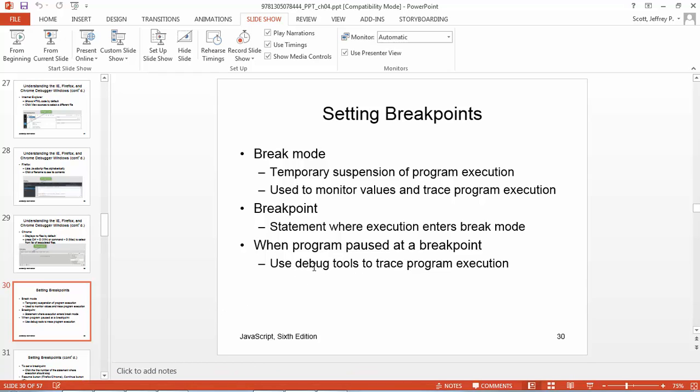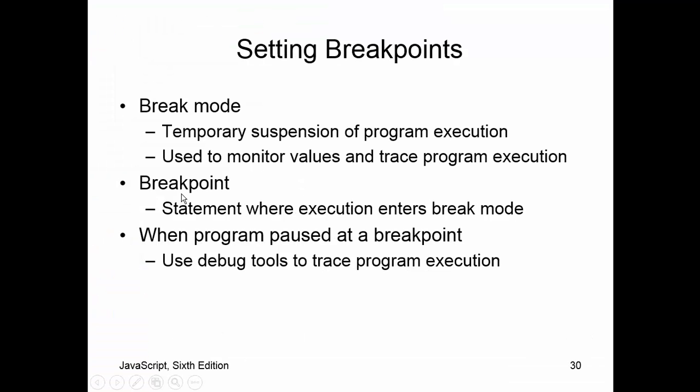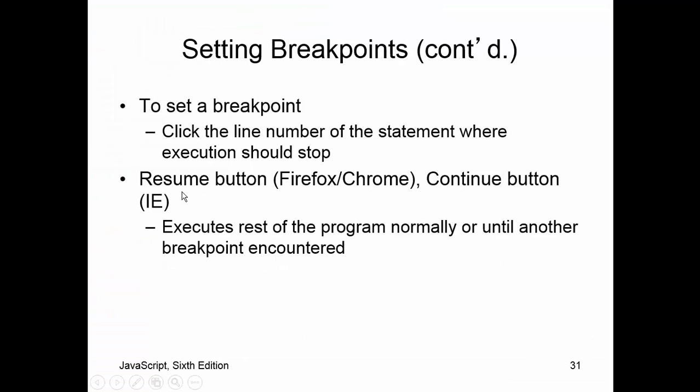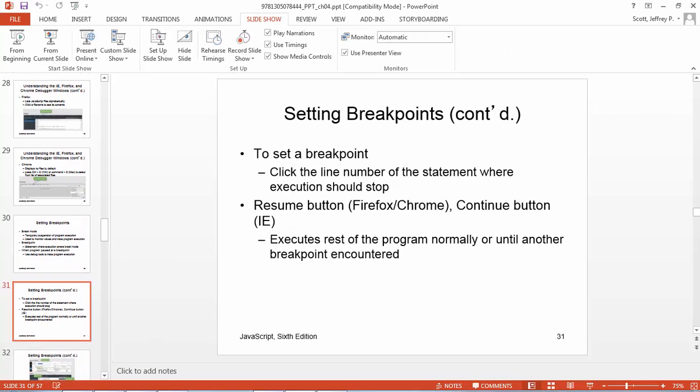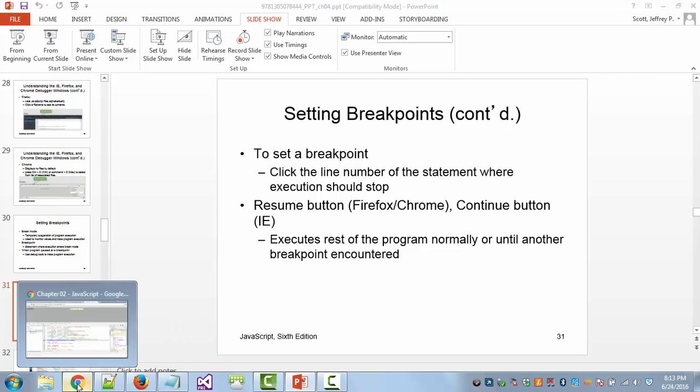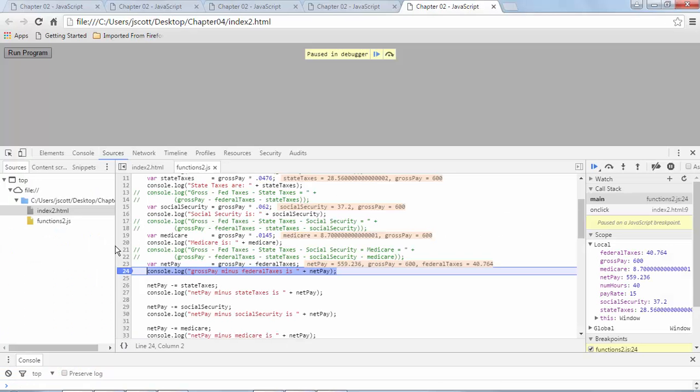Again, you can use the different debug tools that are available to you once you have hit a breakpoint. I showed you how to set it. All right, and there should be a continue button or a resume button here. So if I come back to it again, somewhere here is a resume button.